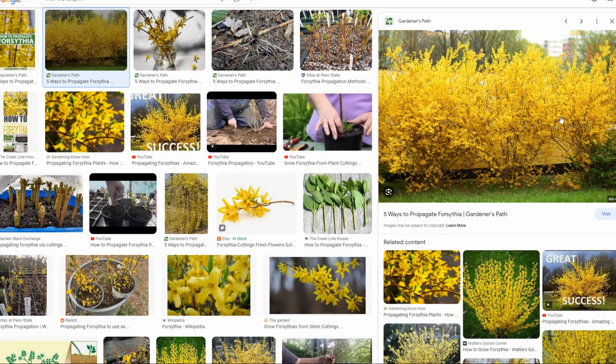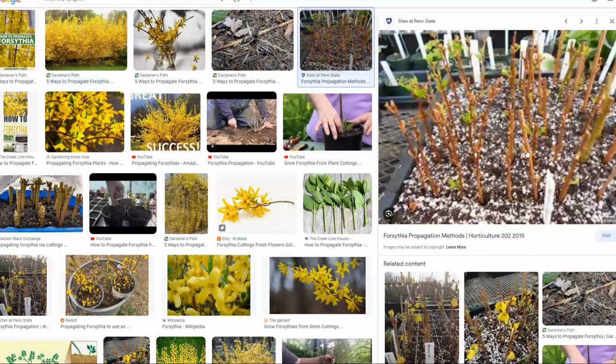Now, you can see these stems popping up and out. The newer stems are the ones that actually bloom the heaviest. Now, forsythia is really good about creating adventitious roots. And so a lot of times when we're propagating plants like forsythia, certainly we can take vegetative cuttings.